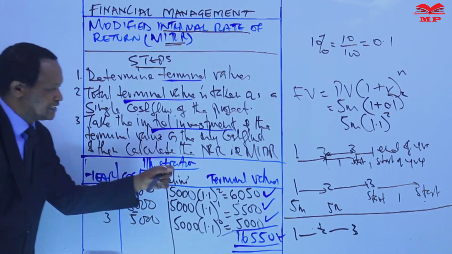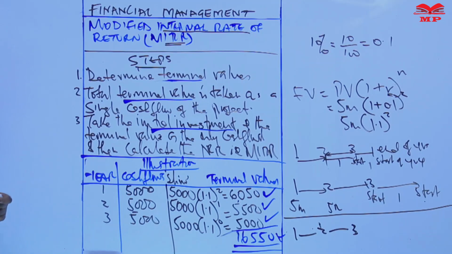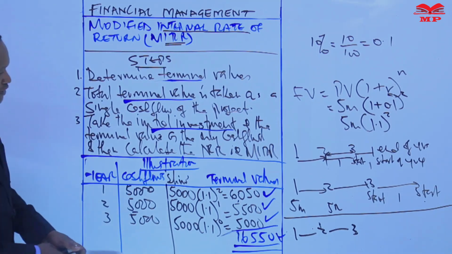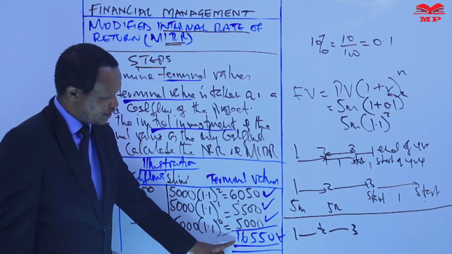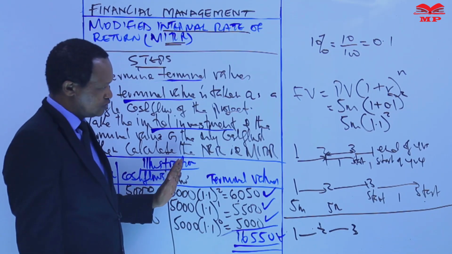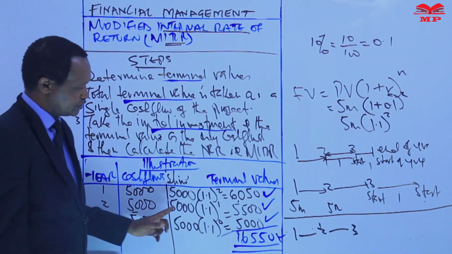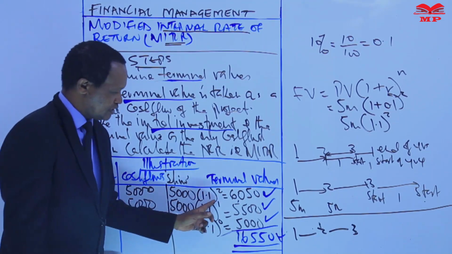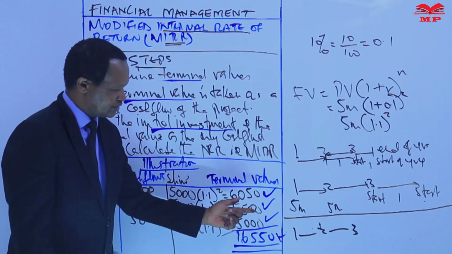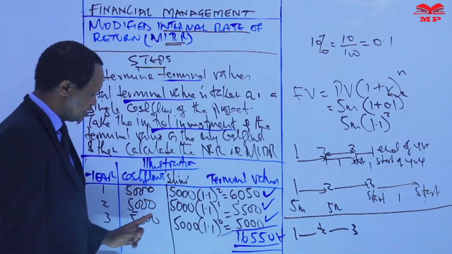And then calculate the MIRR. So this is a future value. We've first of all compounded each cash flow using the appropriate compounding rate and the appropriate period for each cash flow.